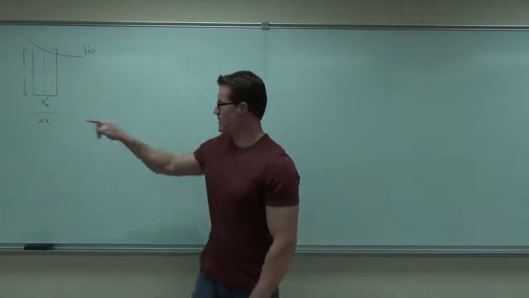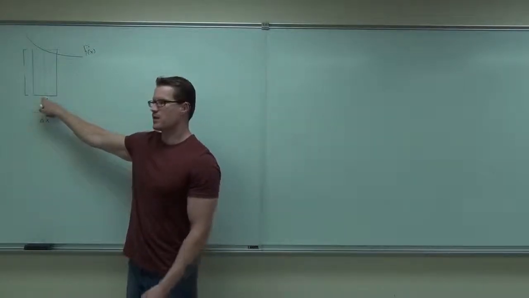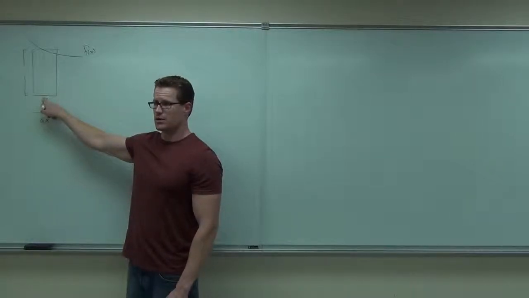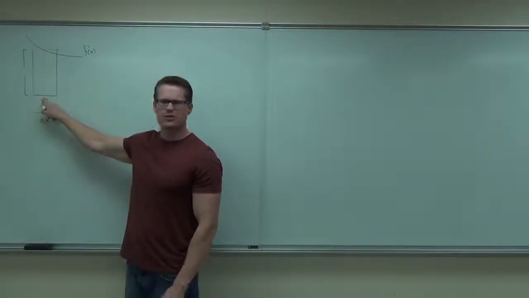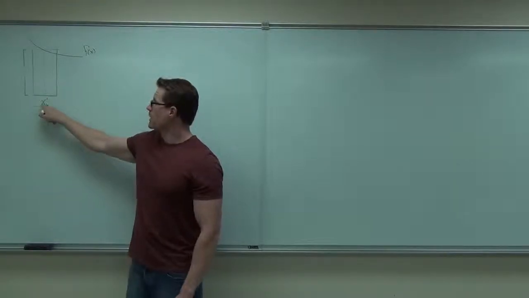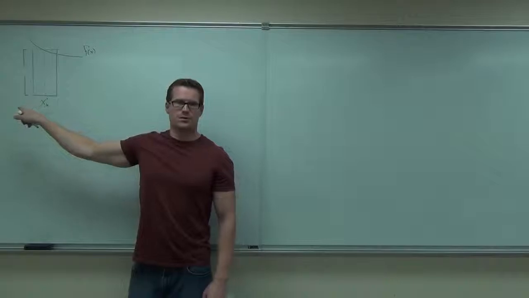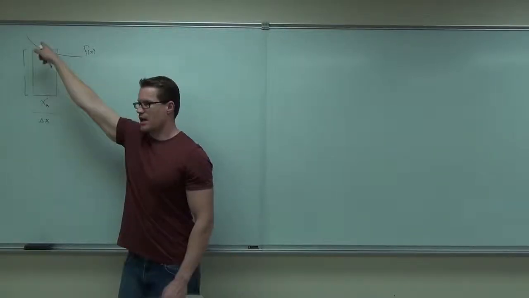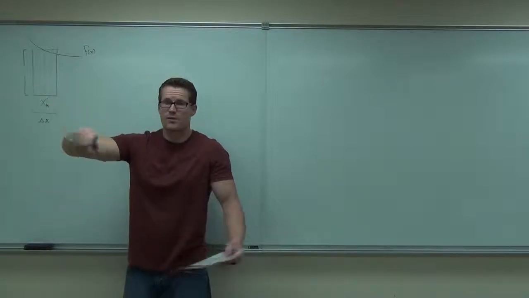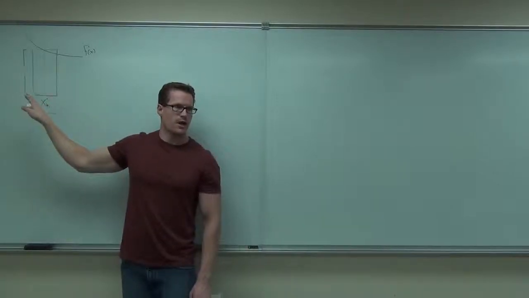Let's say that this point just happened to be 4. Let's just pretend it was at x equals 4. You'd plug in 4. Plug in 4 to what? So would you agree that if this was a 4, the height would be f of 4, right? If that was a 7, that'd be f of 7. Do you agree? Because f of whatever gives you the height of whatever. This is our whatever, x sub k dot.